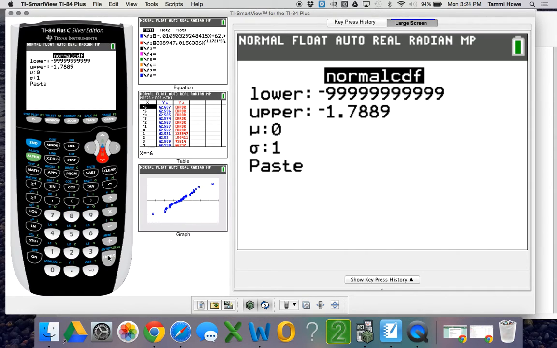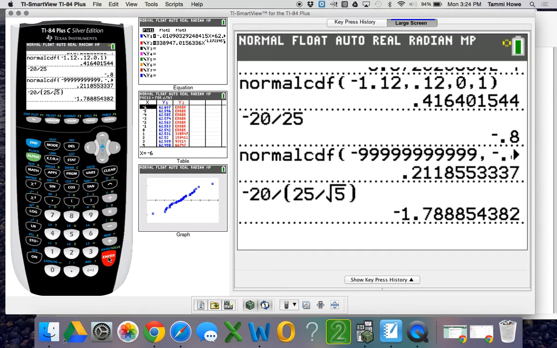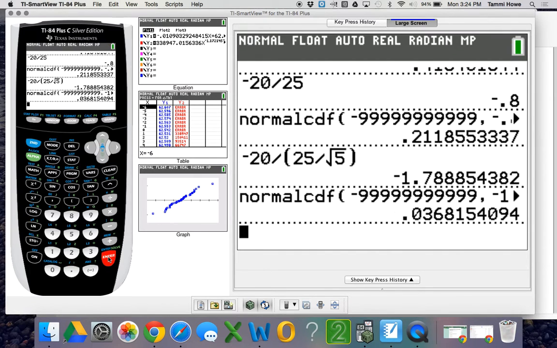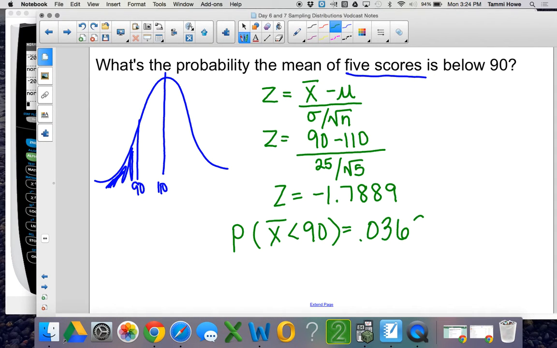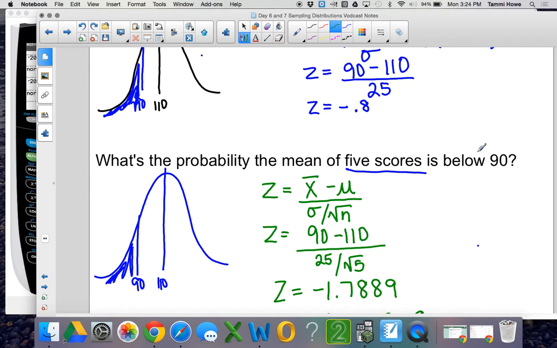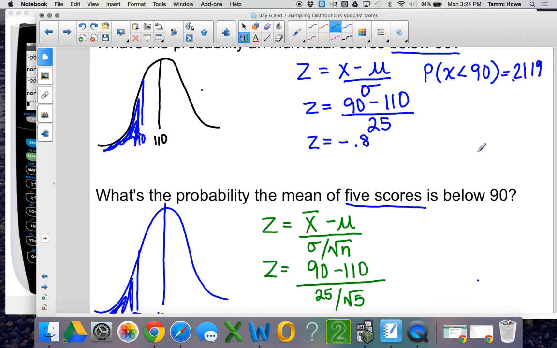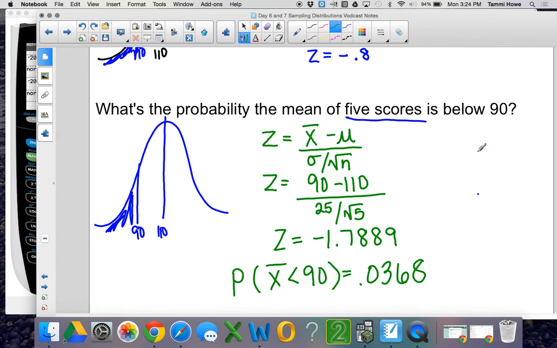I'm expecting a smaller percentage because I'm further away from the mean, and I get 0.0368. So for one person to have a score below 90, the probability is about 21%. But once I get an average of 5 scores, the probability goes down to about 3.5%.